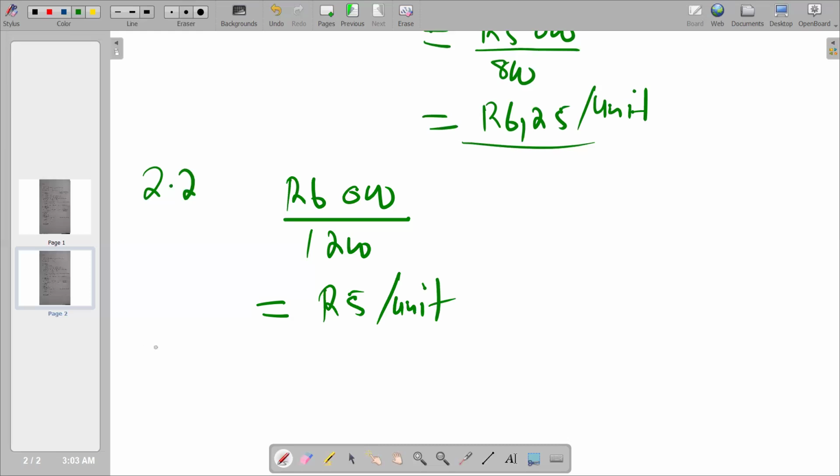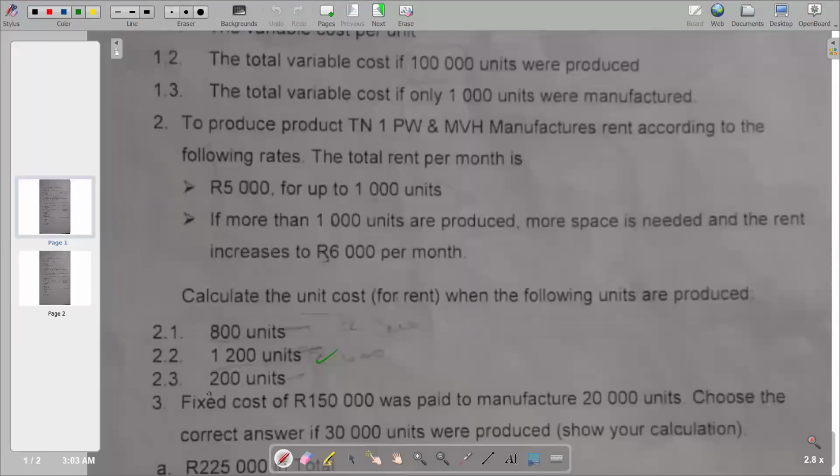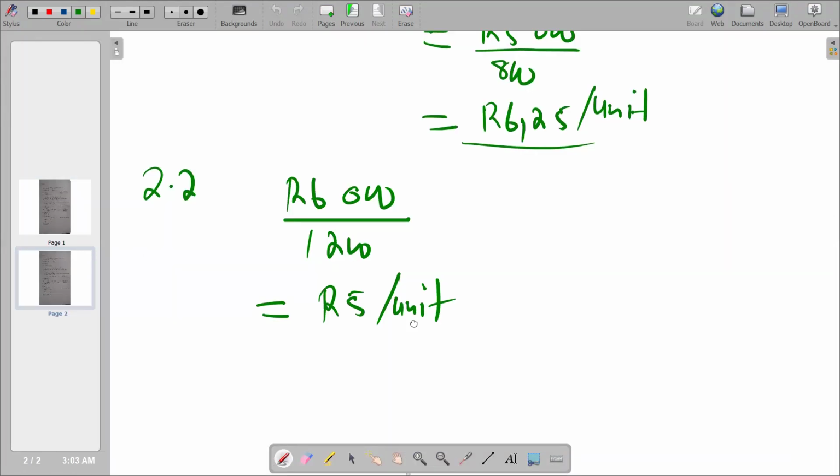Then having done that, we go to our next question, which is now 200 units. 200 units is in the first band, in the range of up to 1,000 units, so our fixed cost will be 5,000. So you say 5,000 divided by 200, that is our 2.3.